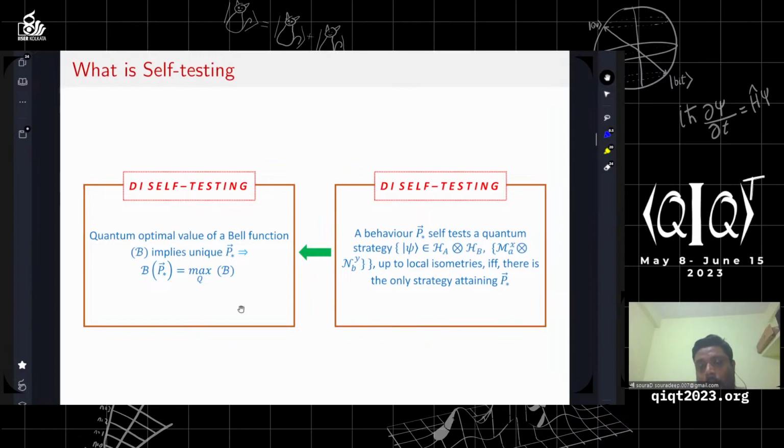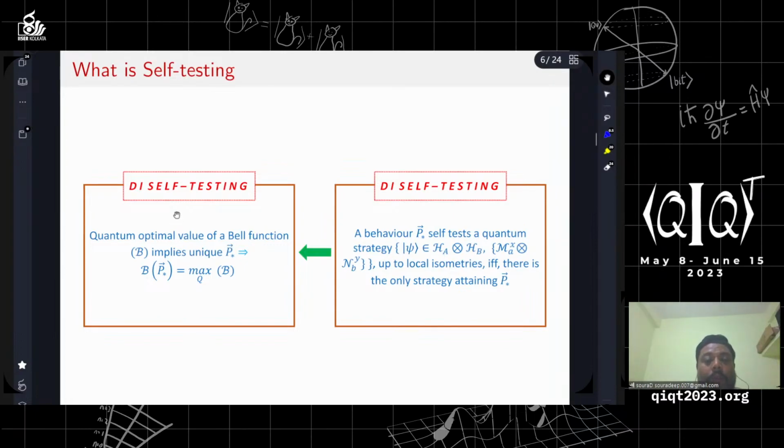Another way to self-test this particular behavior is to come up with a map which says that if this quantum state belongs to this Hilbert space and the measurements give some unique property, then with any other strategy, if you self-test this state and measurement, one can also self-test this P star behavior.